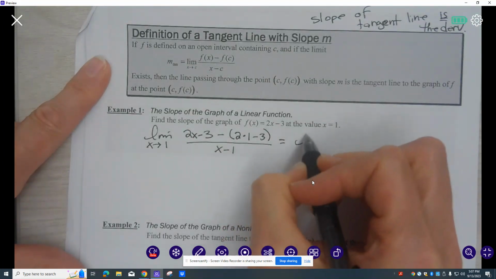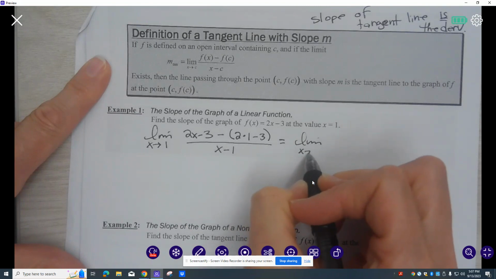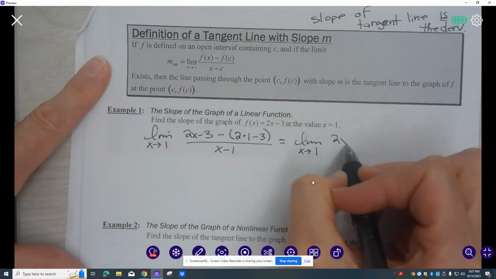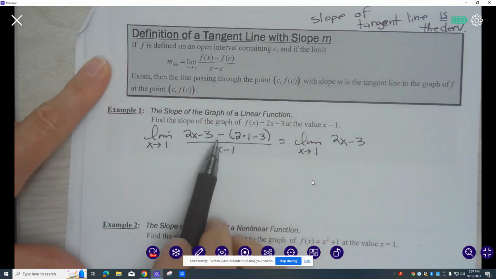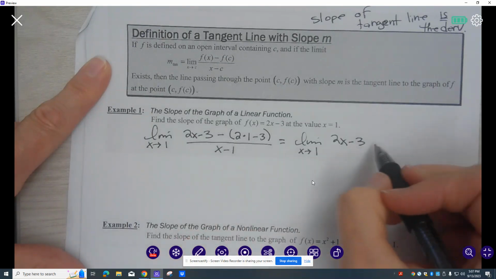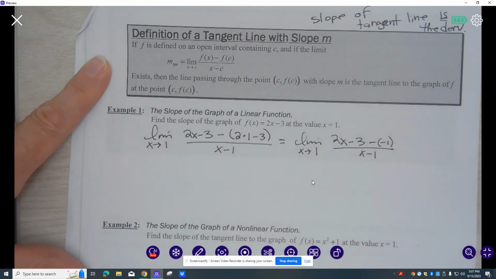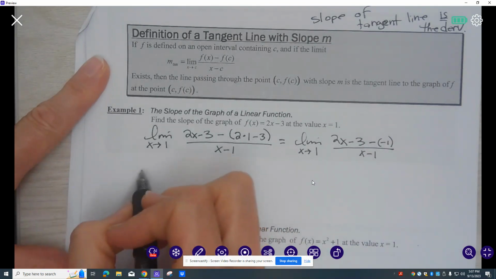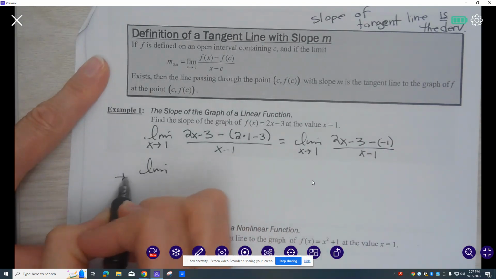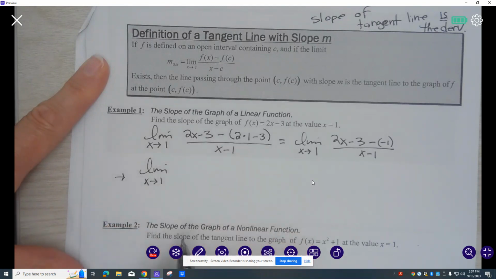Okay, that is the limit as x approaches 1 of 2x minus 3 minus negative 1, all over x minus 1.